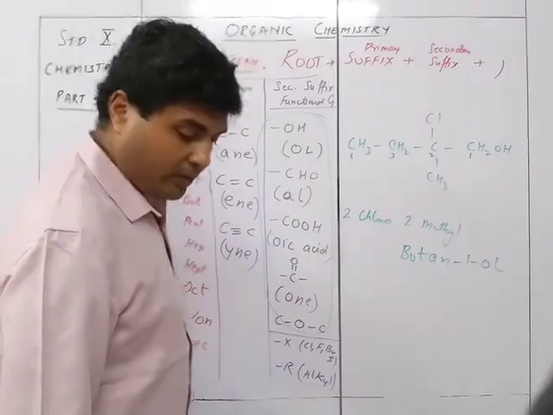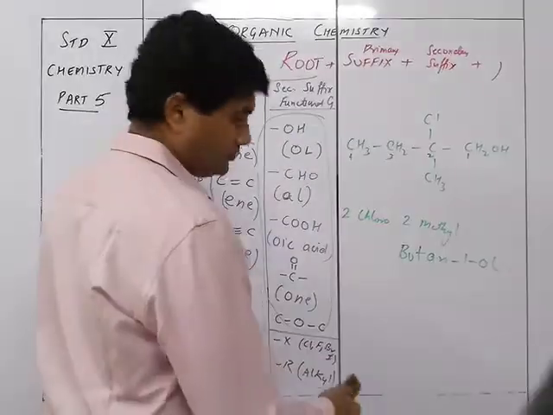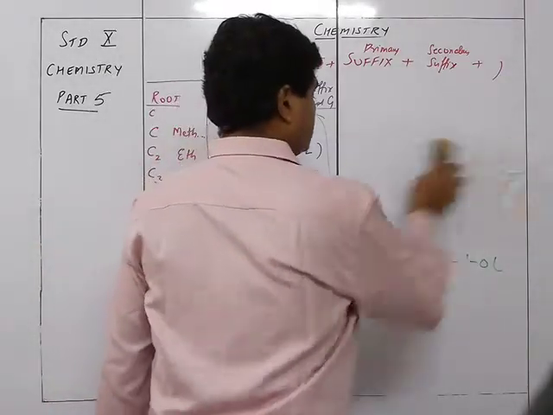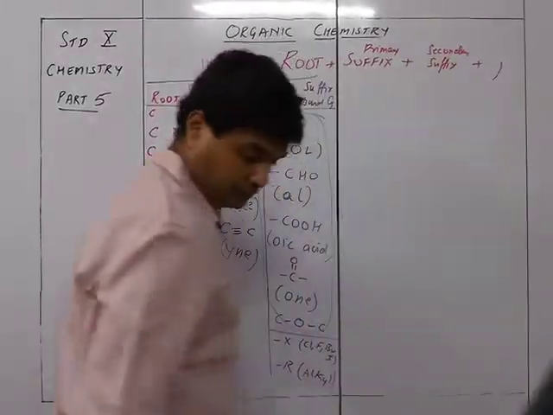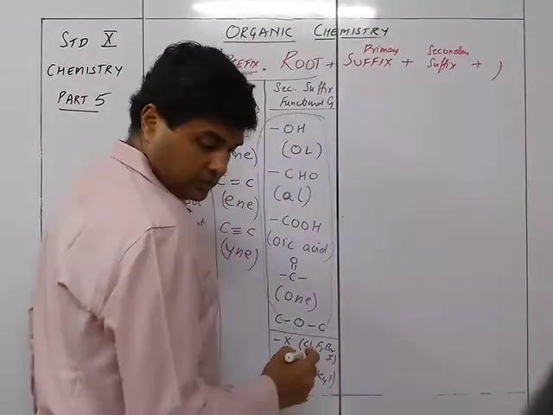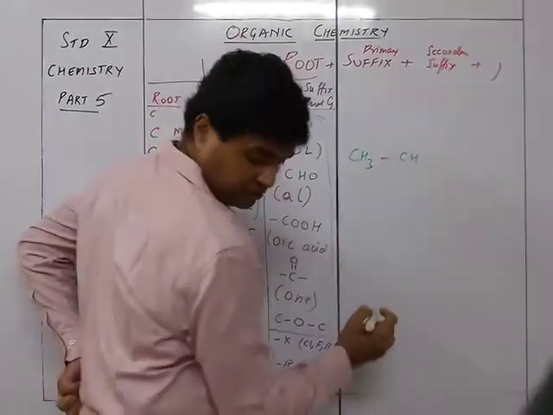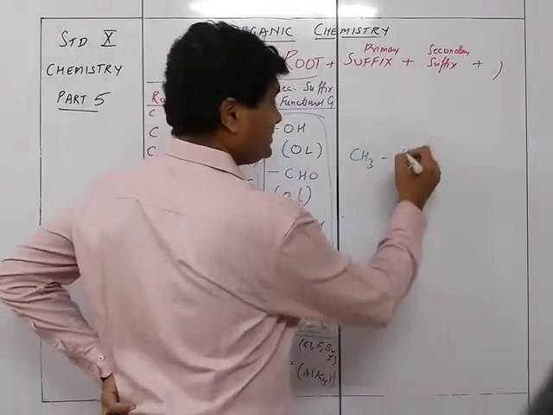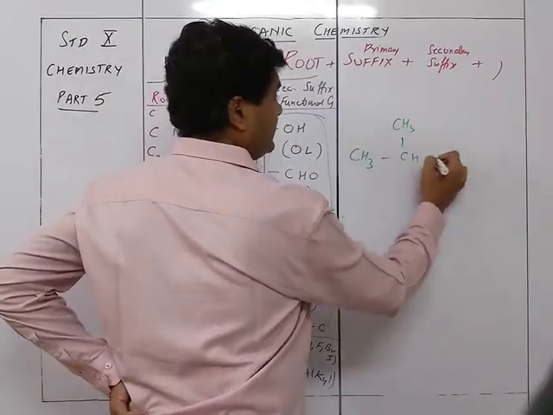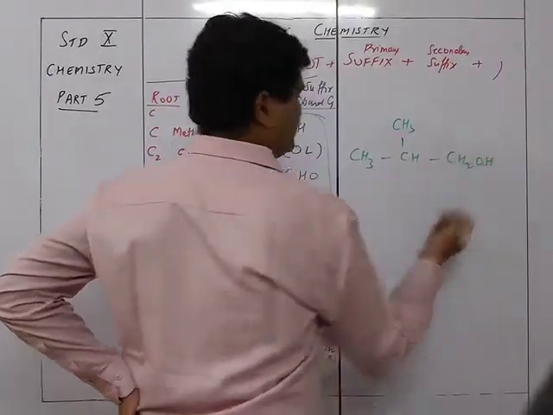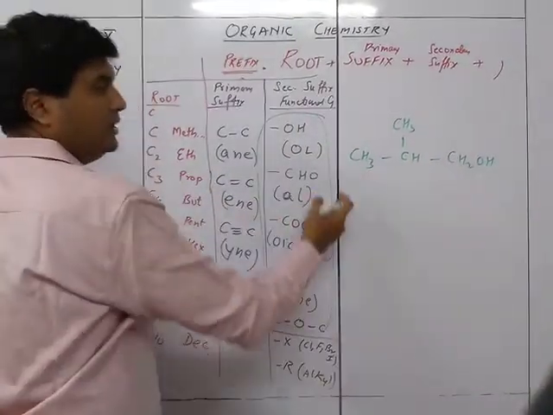Okay. We move on to the 14th one now. CH3, CH, then CH3, then it is CH2OH. Very simple now. This is again an alcohol. This is of 3 carbons.